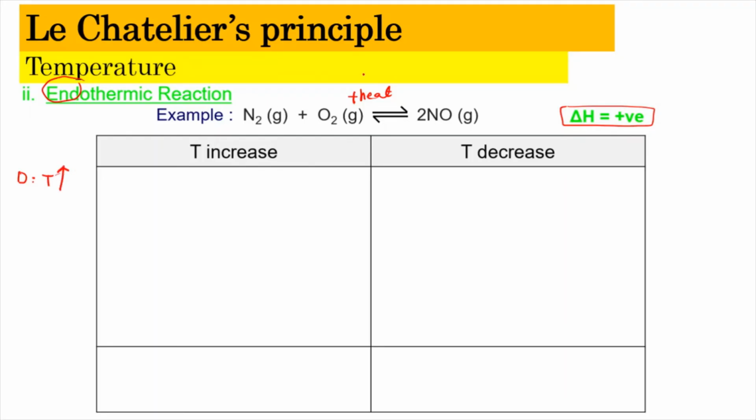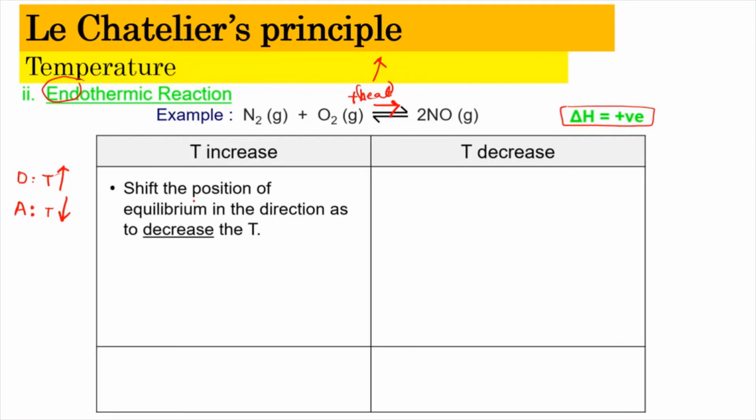It means that your heat content is being increased. But according to Le Chatelier's principle, your action is you need to reduce the temperature. So the way that you can reduce the temperature is you need to go to the right so that the heat can be converted into the product here.